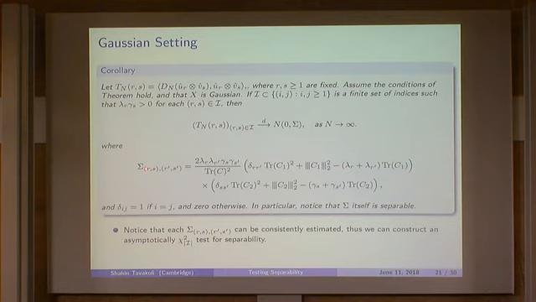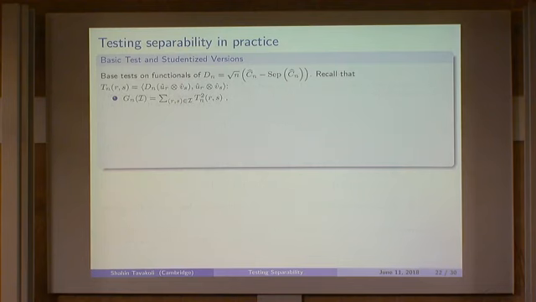If you take R equals R', you see an extra term, so it's kind of inflated along the diagonals. Now you can consistently estimate this quantity by plugging in the estimators of each of these quantities, and using that you can get an asymptotic chi-square test for separability under Gaussian assumptions.